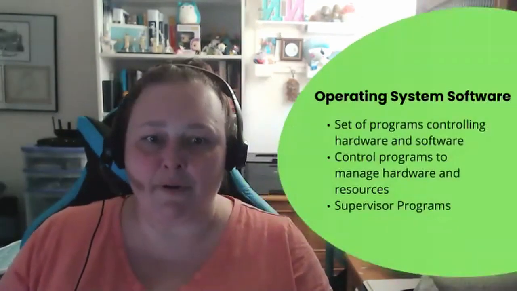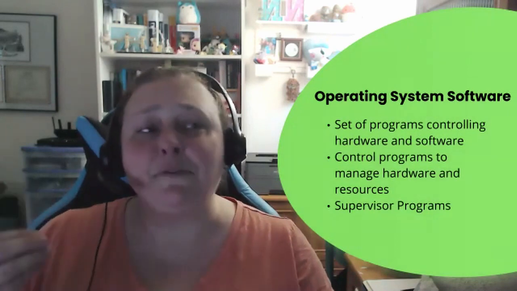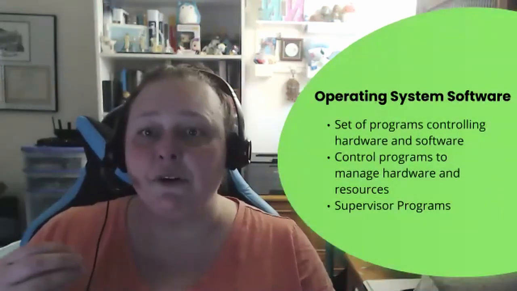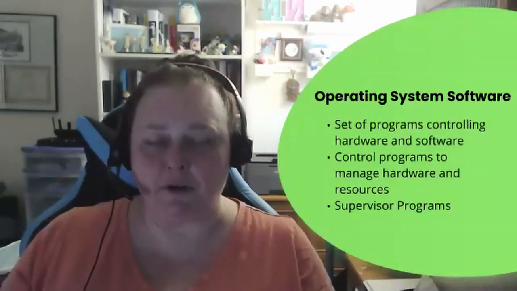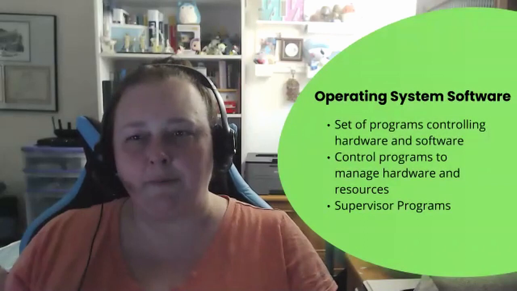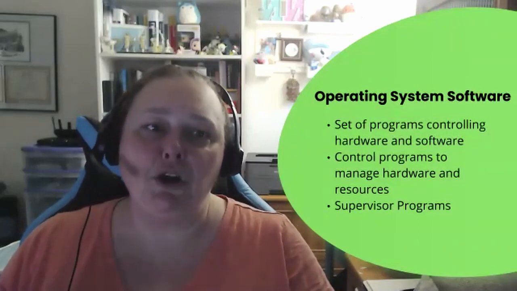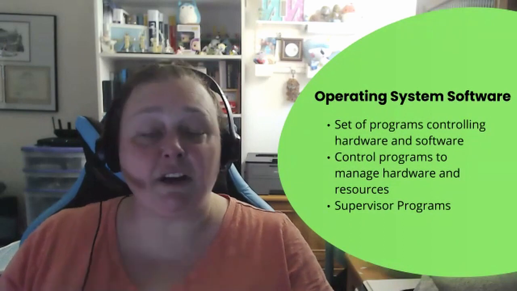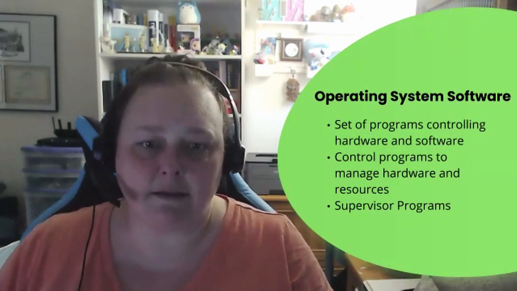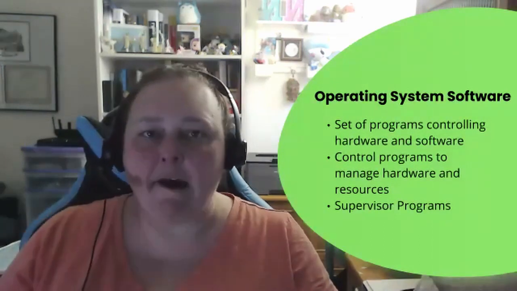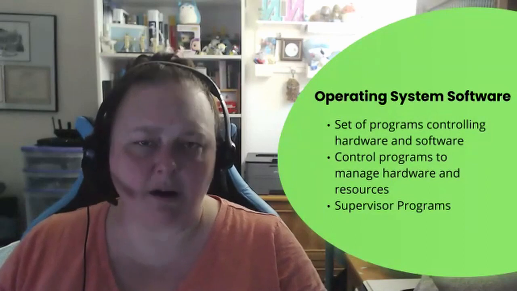Let's look at operating system software on the other hand. This is going to provide a user interface between the computer and your user. Okay, so it's going to be your go-between. It increases the computer efficiency by helping your user share the resources and performing repetitive tasks. What are some tasks that the operating system software could do?